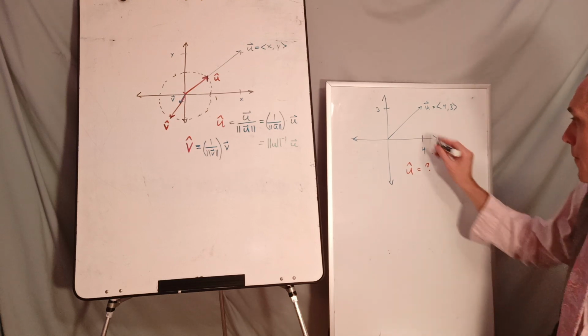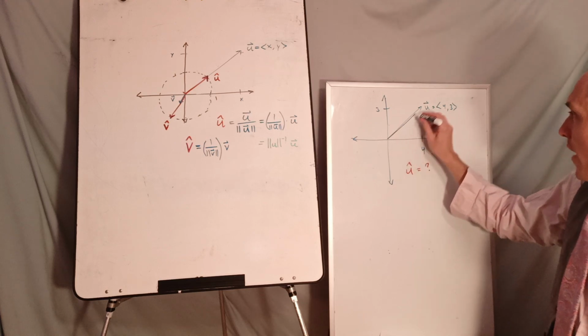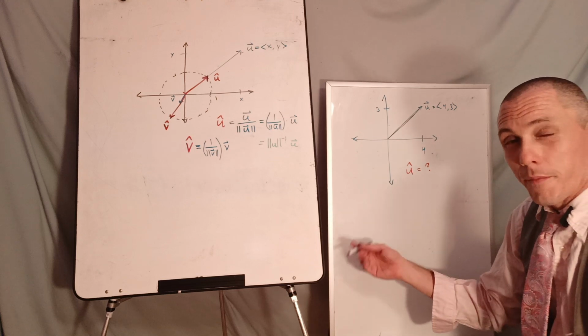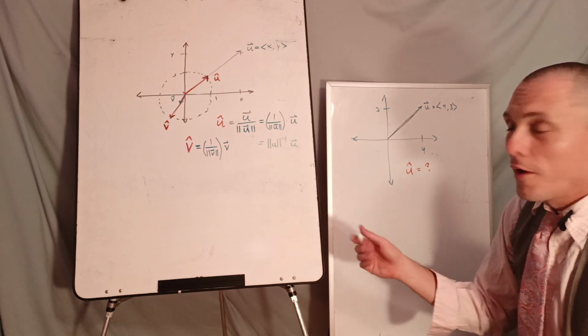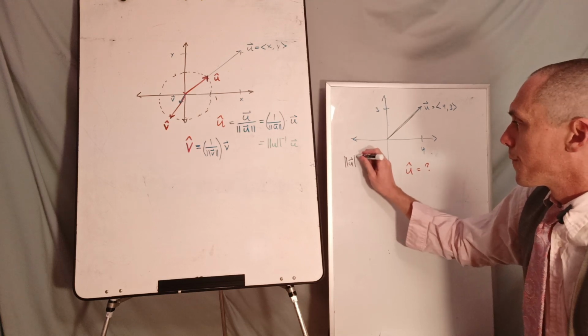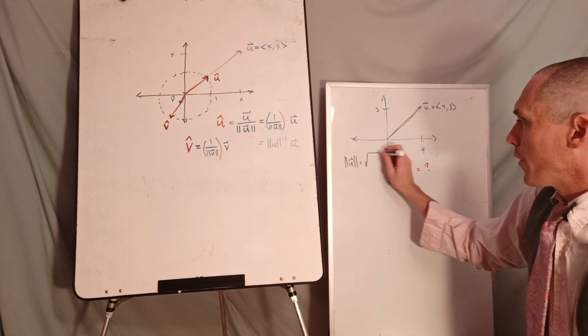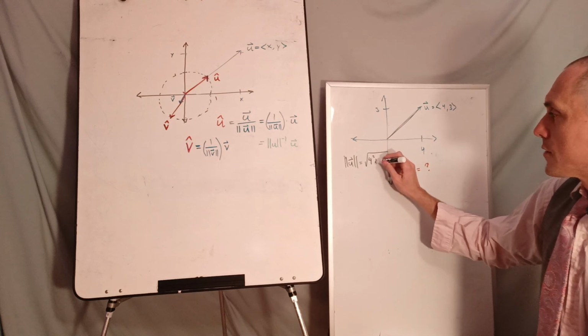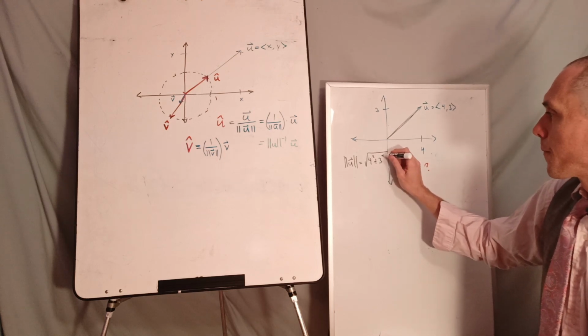And I've picked these numbers nicely, but in general, if we want a magnitude, we just follow the Pythagorean theorem. Here, of course, we're going to have a Pythagorean triple, but just to write it all out, the magnitude of u is given by the square root of its x component squared plus its y component squared.